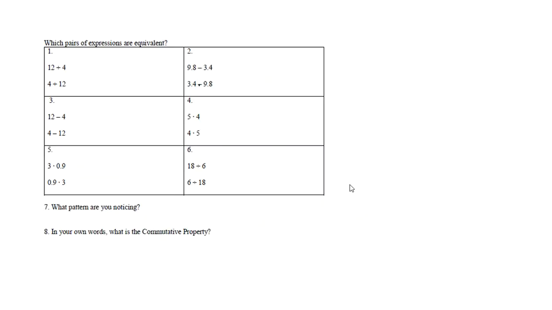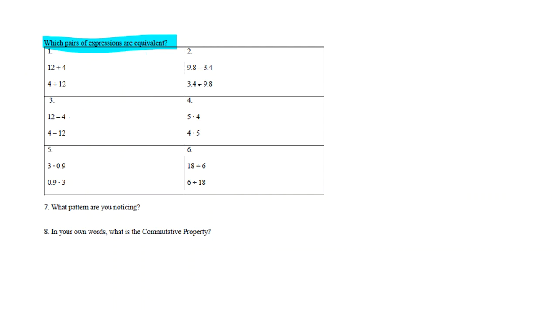So let's go ahead and look at some examples here. Number 1, we have 12 plus 4 and 4 plus 12, and the question that we're being asked is which pair of expressions are equivalent? In math, expressions are math problems that don't have equal signs. Equivalent means equal, exactly equal to each other.